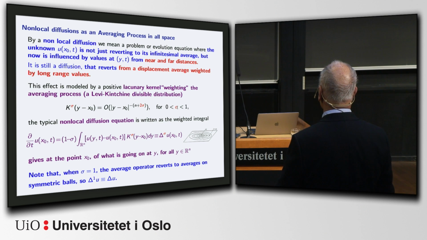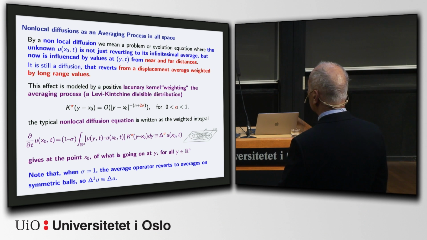So basically here, the picture is that for t fixed, you have all of these rings, which are given by this K_sigma, and it gives at the point x0 what is going on at y, for all y belonging to R^n.